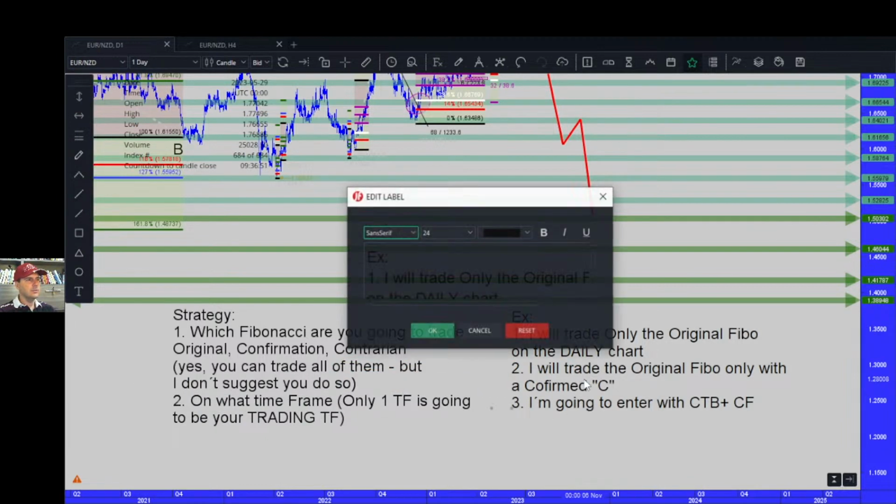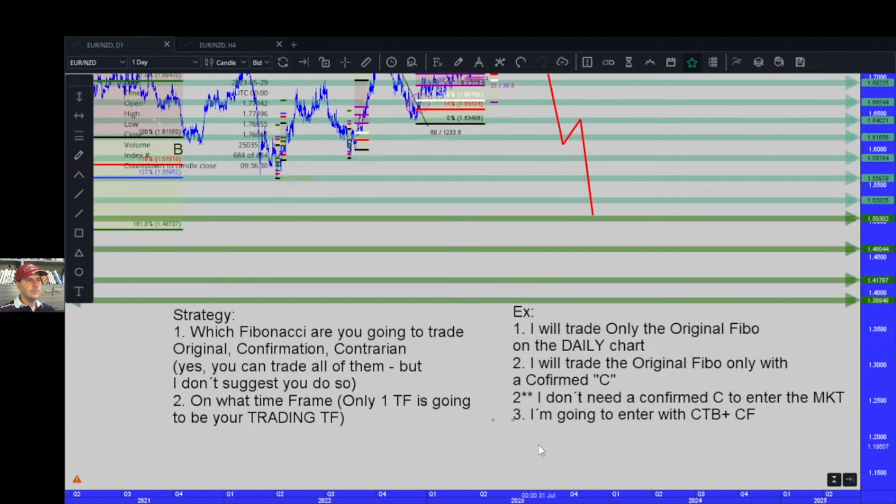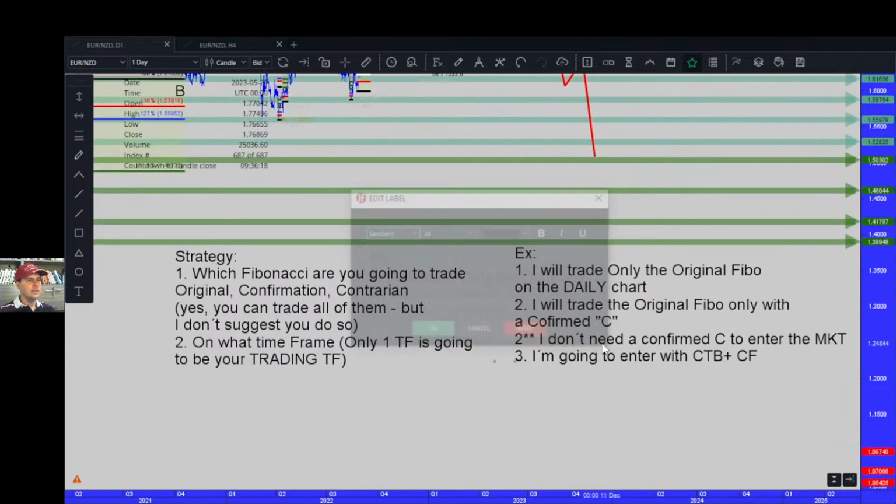Okay, so number 2 star, so this is a variation, I don't need a confirmed C to enter the market. It's just a variation. And then number 3, I'm going to enter with candlestick counter trend line break plus candlestick formation. No crown yet, alright? This is going to be next.